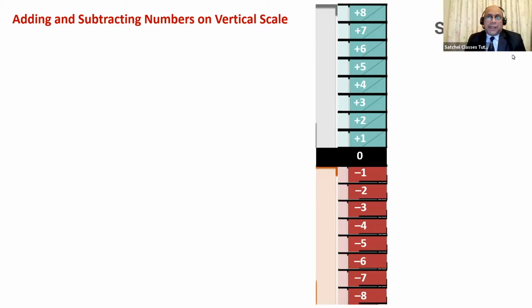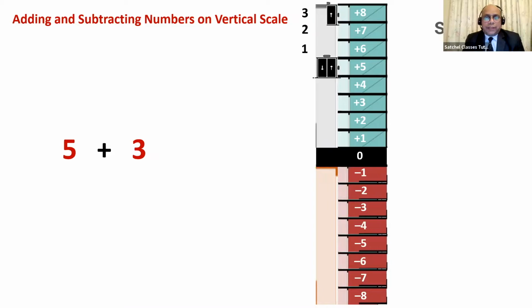So there are 8 levels below the ground level. There are 8 levels above the ground level, and 0 is your ground level. So you're familiar with this. So if I were to do 5 plus 3, it means you're starting from floor number 5 and you're going up 3 steps. So you start from floor number 5, and because it is plus, you're going up 3 steps.